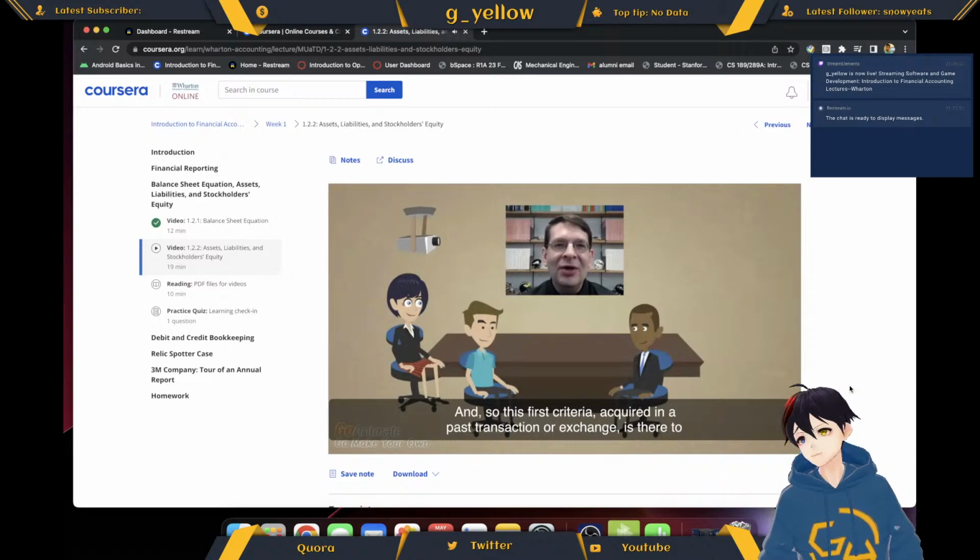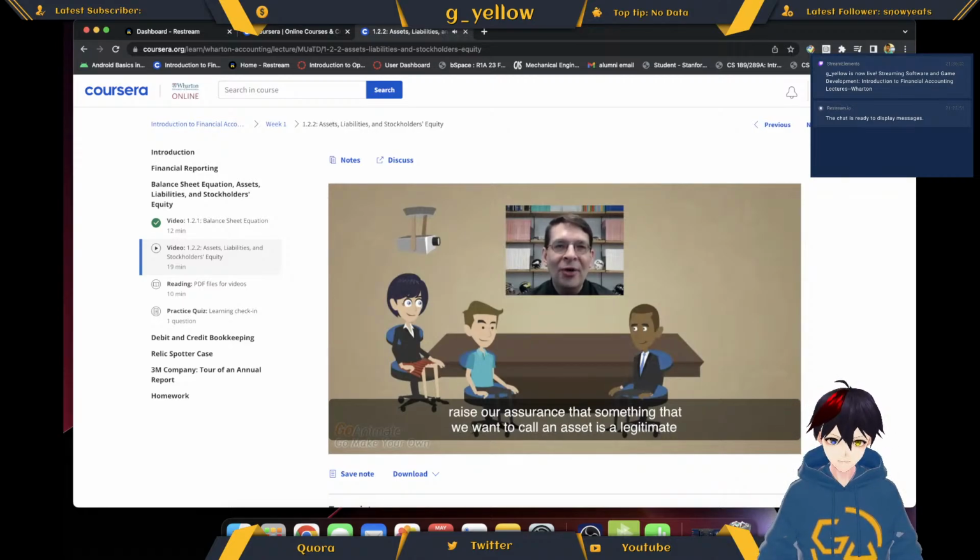So this first criteria, acquired in a past transaction or exchange, is there to raise our assurance that something we want to call an asset is a legitimate resource that should deliver future benefits, as opposed to a simple promise that could easily be broken, as might be the case if there's a contract that was signed with no accompanying exchange of cash, goods, or services.